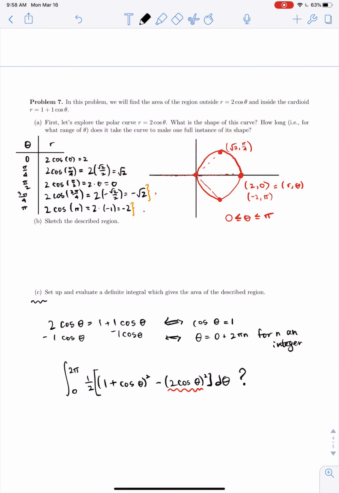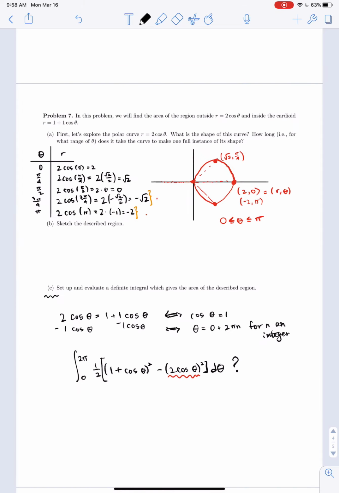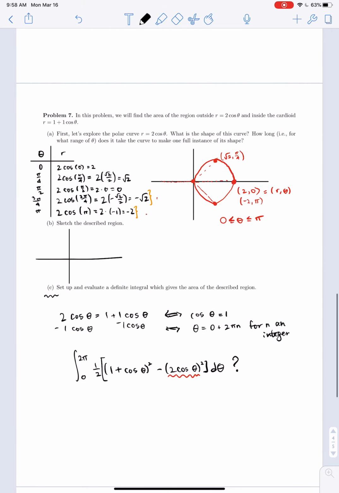So then, if we're going to sketch the region that we're actually finding the area of, that's the region that is outside the curve in part A, but inside the curve 1 plus cosine theta, which, by the way, is another cardioid, another little pumpkin.